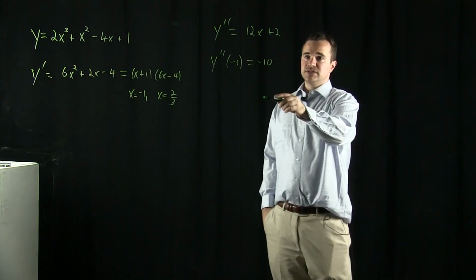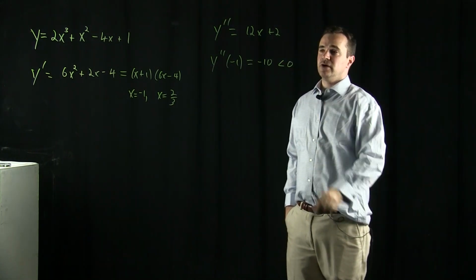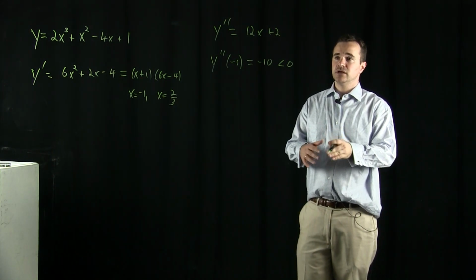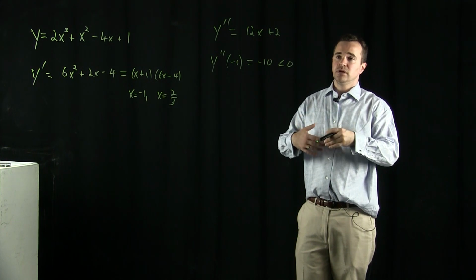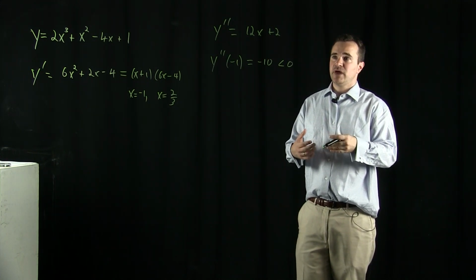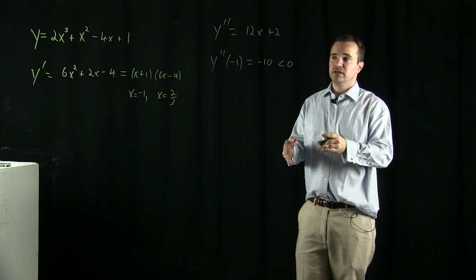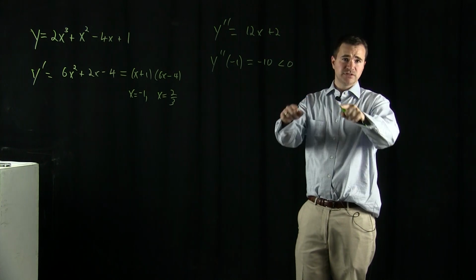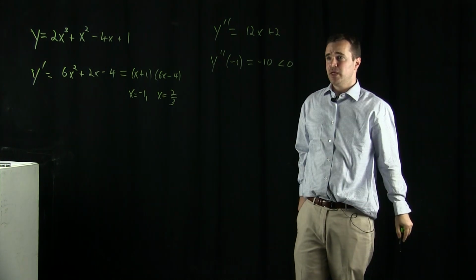So in this case, our second derivative is less than 0. And the second derivative test tells me that this is the location of a local maximum. And how can you remember that? Well, remember, the second derivative being negative on an interval tells you that you're concave down, opening down. So your function is going to look like it's got that maximum.